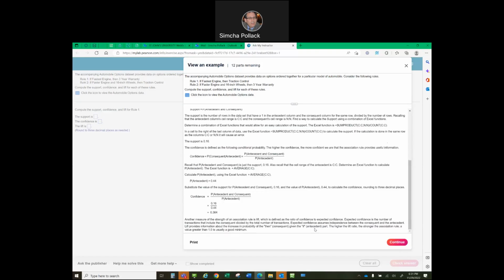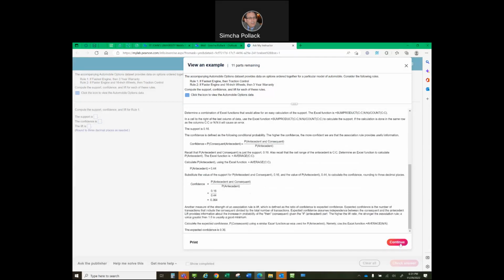It's like reversing the other calculation. So how many ones are there in column N, the consequent column? We have the same thing we saw before.